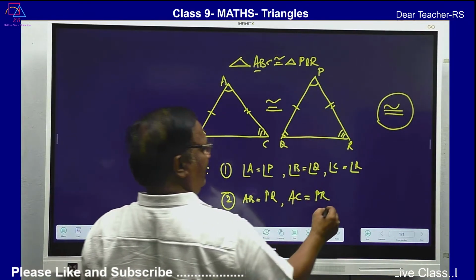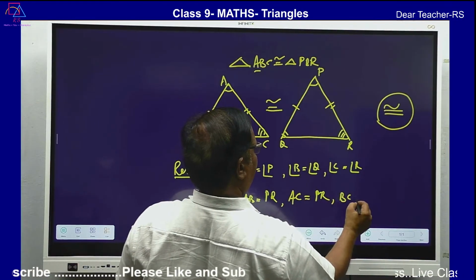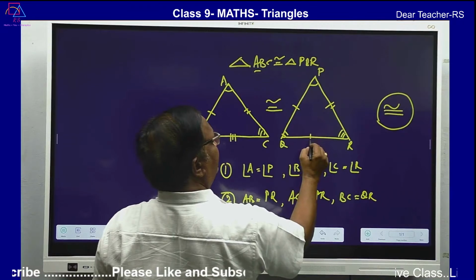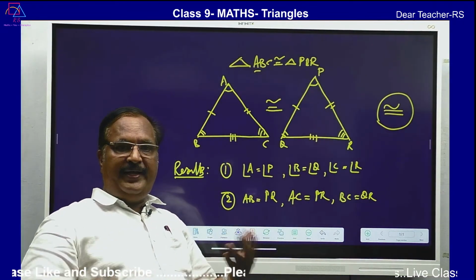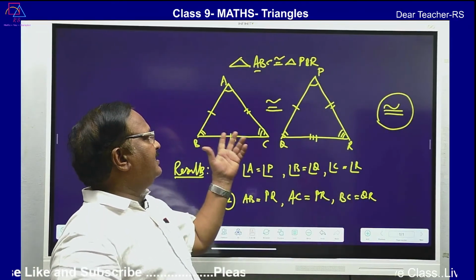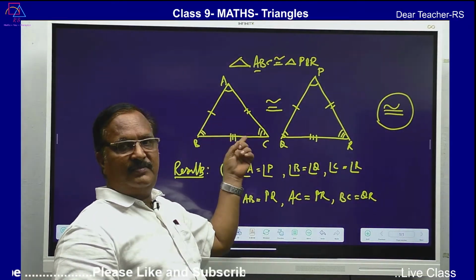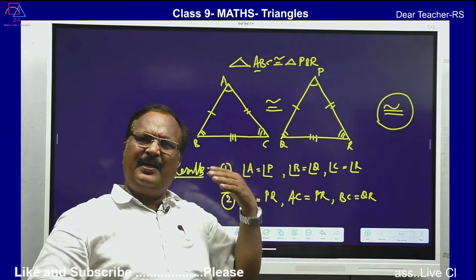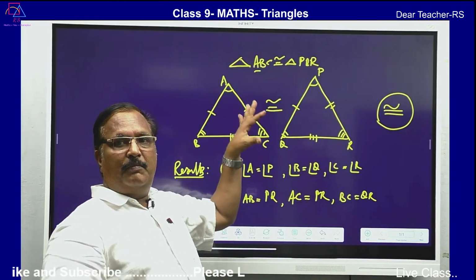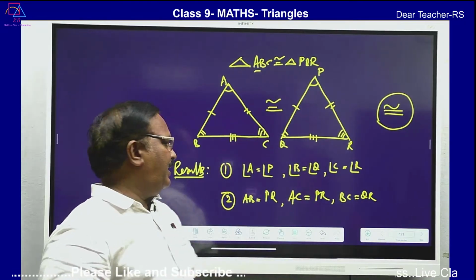And finally the third side, BC is equal to QR. That means 3 marks. This is how you indicate equal parts. Okay, equal angles, how do you mark them? Like these marks. You can have your own marks, but this is the usual marking system for equal parts.